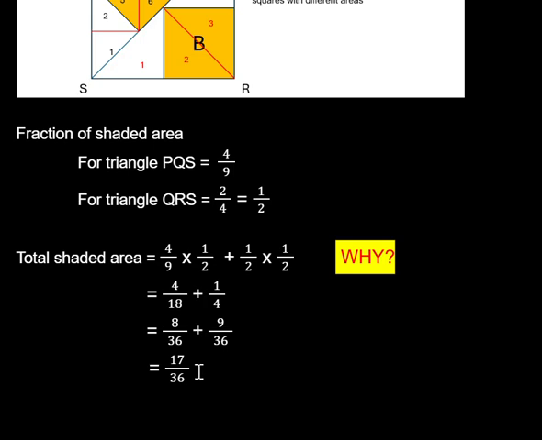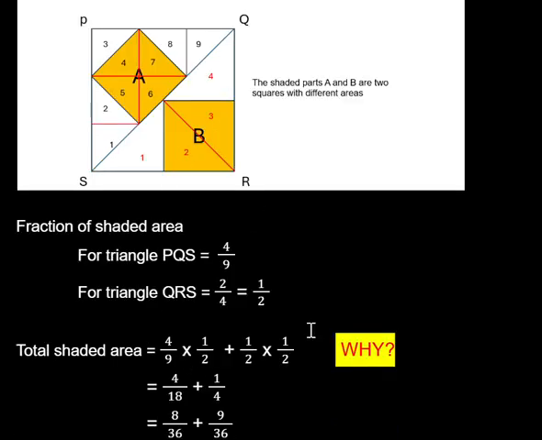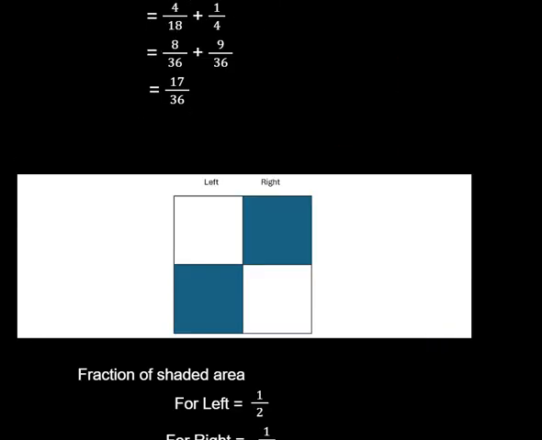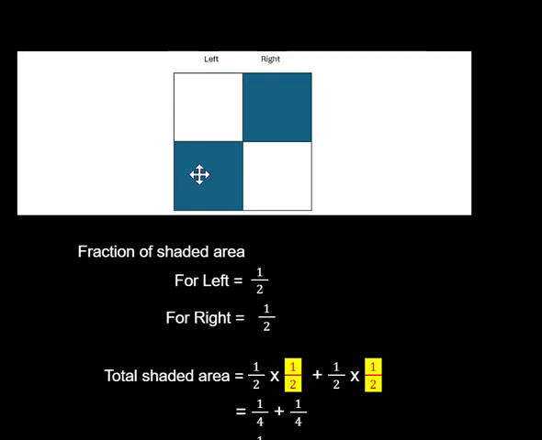Now let me focus on why I need to multiply by a half here, instead of just saying 4 over 9 plus half. Let me give you one simple example which is less complicated.